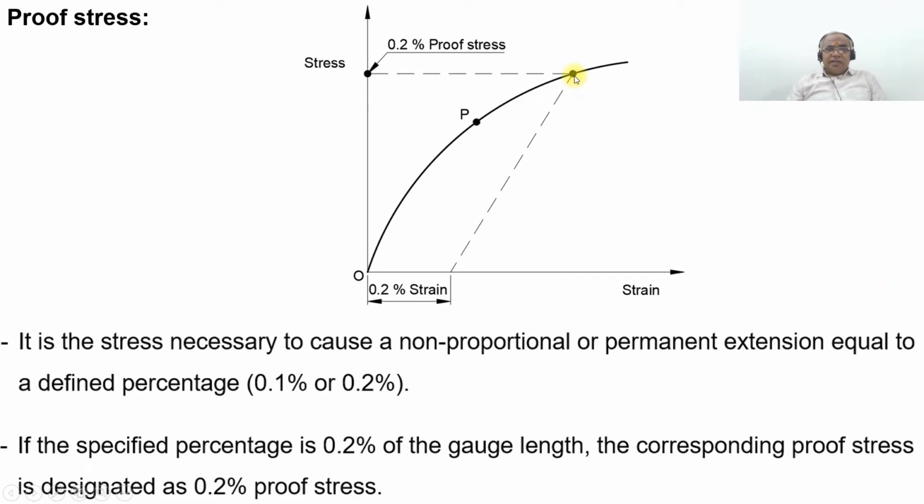From this point you project a line to the stress axis, and you get the 0.2% proof stress, where this is 0.2% of strain. The defined percentage is 0.1 to 0.2%. If the specified percentage is 0.2% of the gauge length, the corresponding proof stress is designated as the 0.2% proof stress.